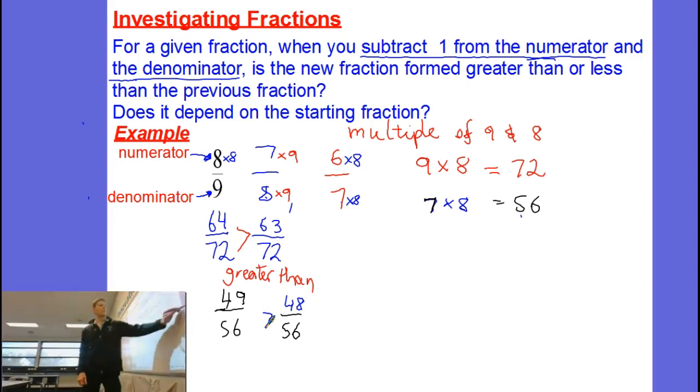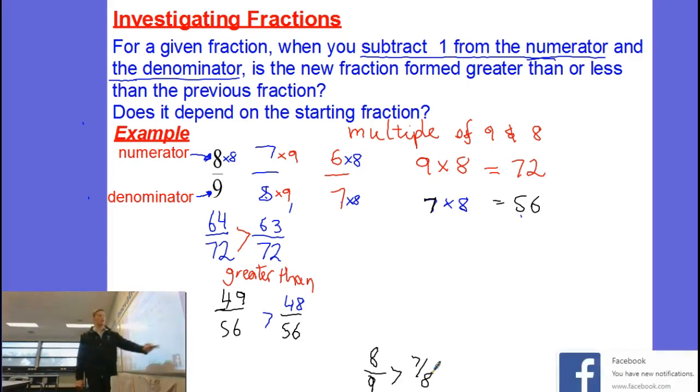All right, so let's sum up what we've noticed so far. Started with 8/9. We figured out that 8/9 as a fraction is greater than the new fraction we made, 7/8, by just subtracting one from the numerator and one from the denominator.